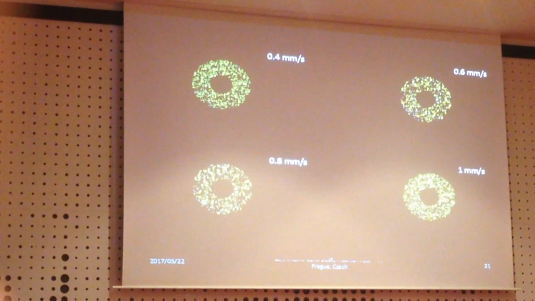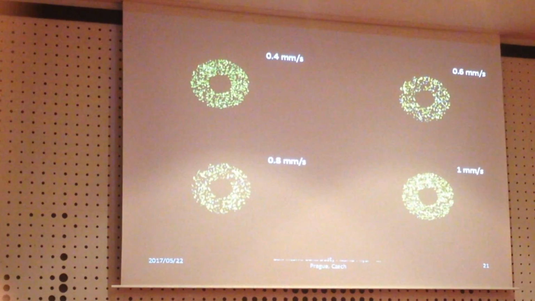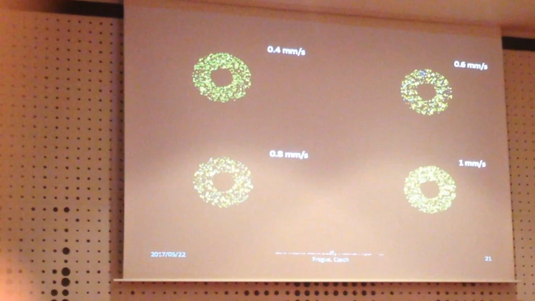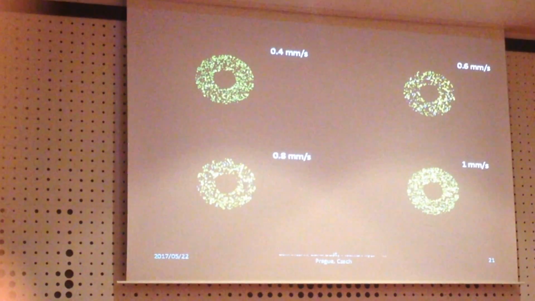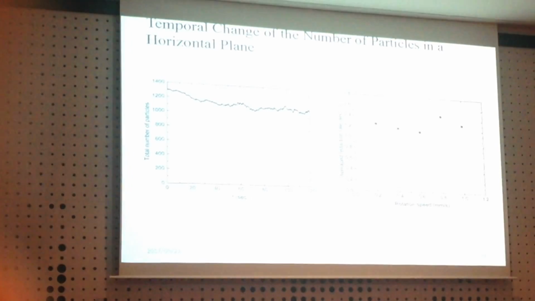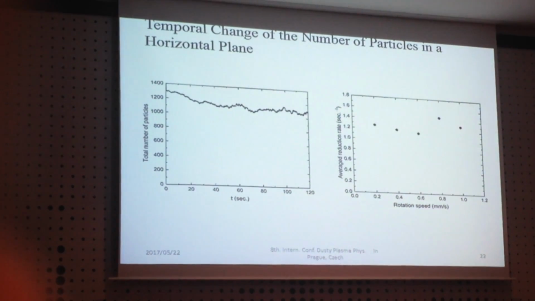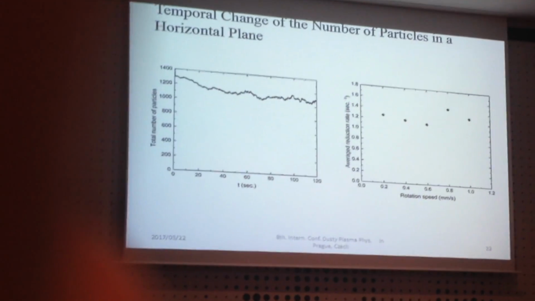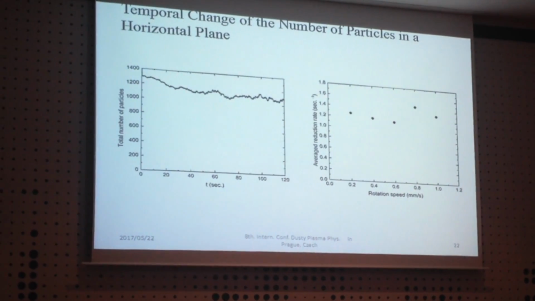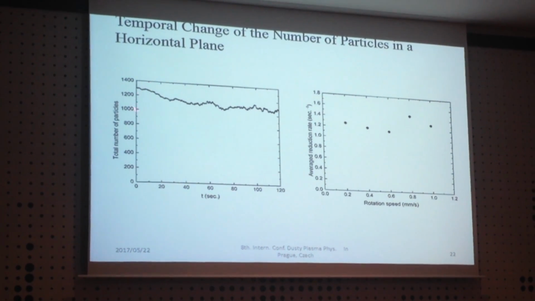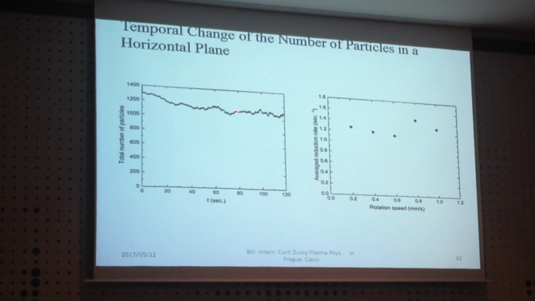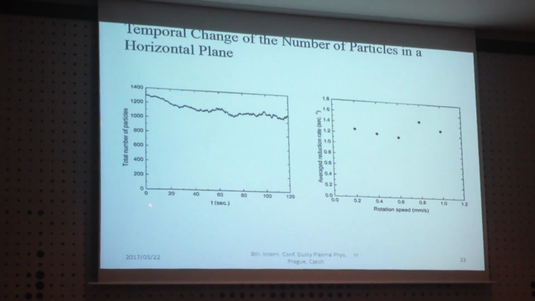Unfortunately, it's hard to find the difference by changing the rotation velocity. But by picking up the particle number in the same horizontal plane, this is a temporal change of the particle number in the whole simulation area.